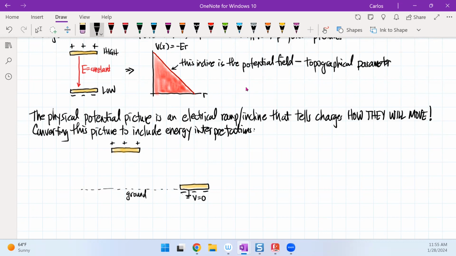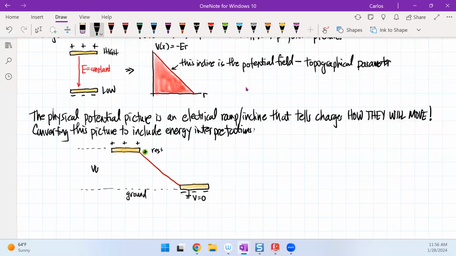And so this incline is the potential. So if you look at a charge, let's say I have a charge right here. What this charge is going to do is start at rest. If I only have a single charge on an incline where there's no collisions whatsoever, then we can interpret this guy like this.